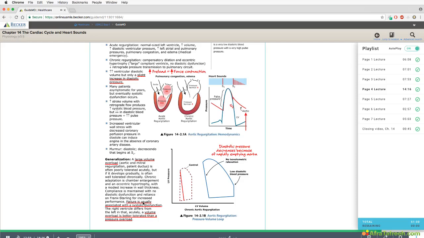Now, again, what you may say to yourself is, is there something really, really characteristic of these 2 disorders? Hopefully you'd say to yourself, aortic regurg is characterized by a very low diastolic pressure, but a very big pulse pressure. If they give you that information, it has to be aortic regurgitation, not mitral stenosis.